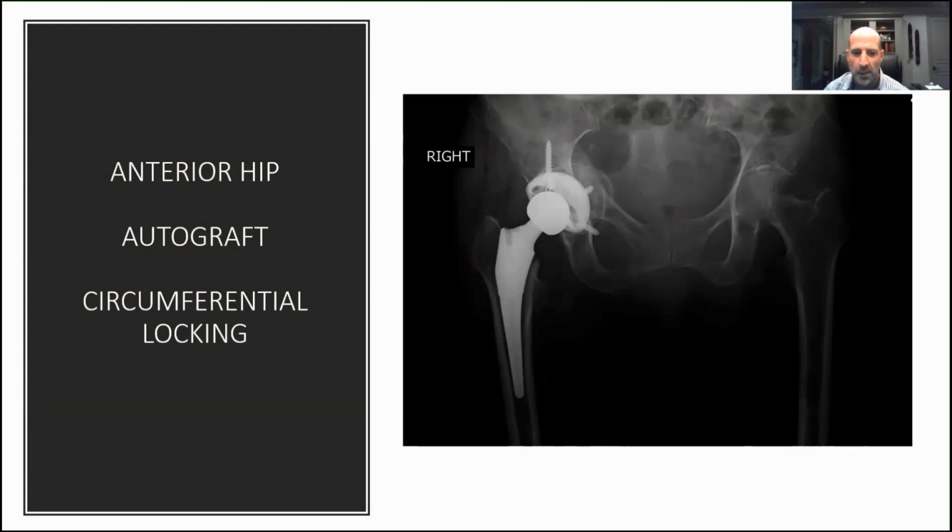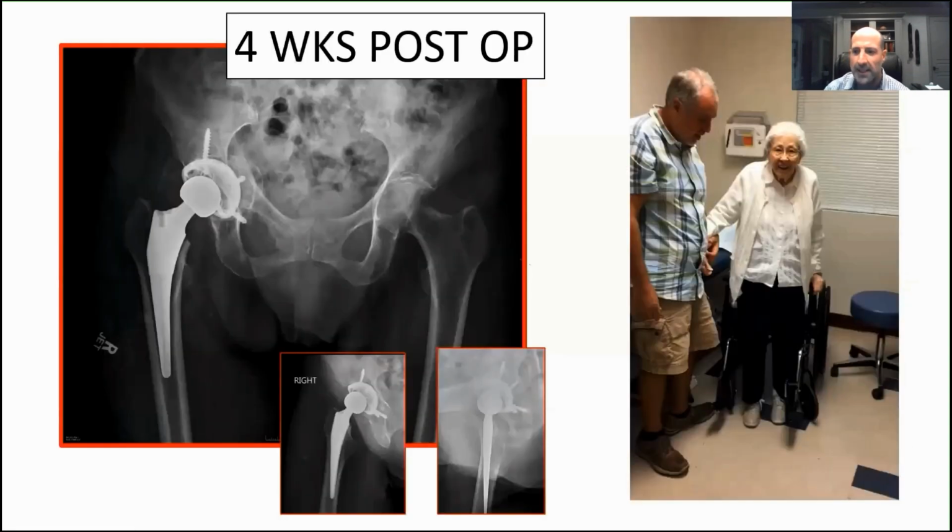This case was done from an anterior approach. You can see I did not fix the columns. This is her femoral head used as medial graft. And this is a Redapt cup with circumferential locking, primary stem. Surgical time was under an hour, minimal fluid loss.